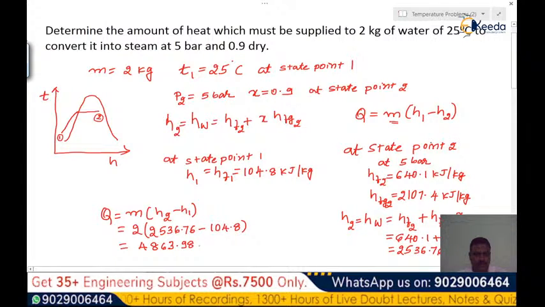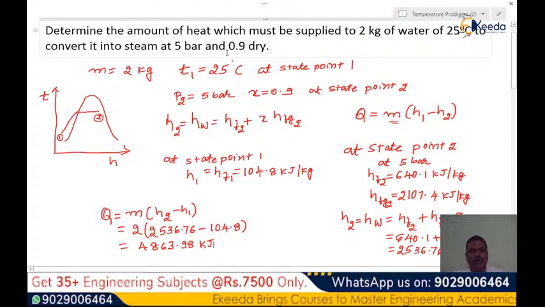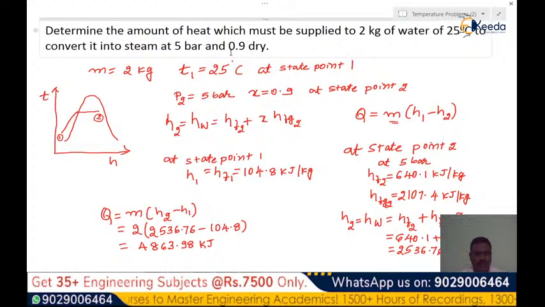It is not kilojoules per kg, it is simply kilojoules, because when kilojoules per kg is multiplied by mass, the kg gets cancelled. So 4863.98 kilojoules of heat must be supplied to take the water at 25 degrees Celsius to 5 bar and 0.9 dryness fraction. That is the heat calculated.